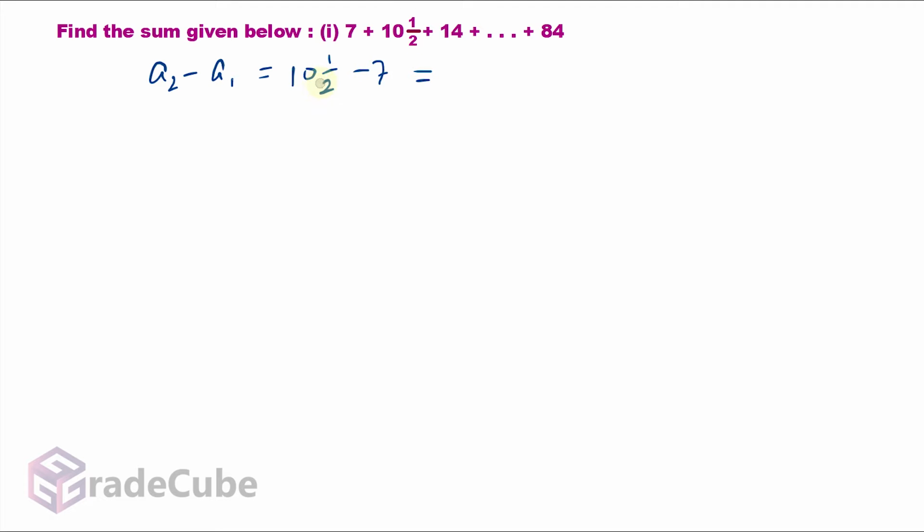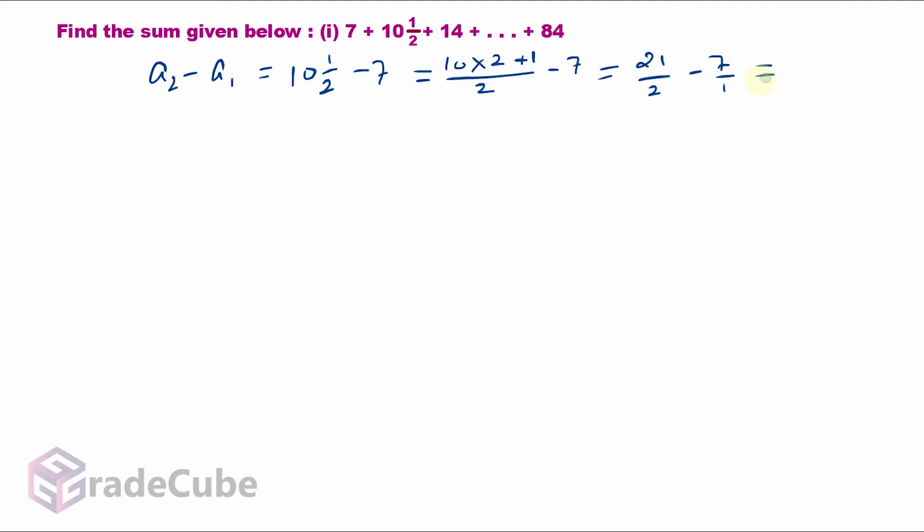Change this proper fraction into improper fraction. 10 into 2 plus 1 over this 2 minus 7 as it is. It is 20 plus 1, 21 over 2 minus 7.